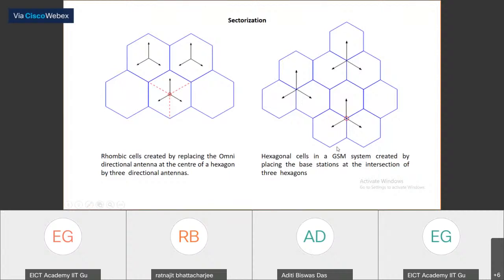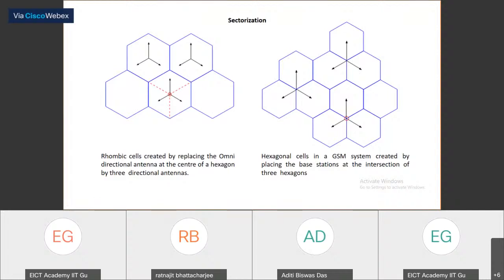This is a hexagonal cell in GSM, created by placing the base station at the intersection of three hexagons, and a base station will cover all these three hexagons by its arrays placed accordingly.